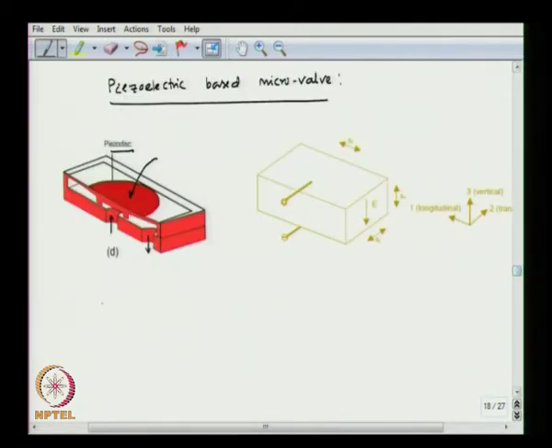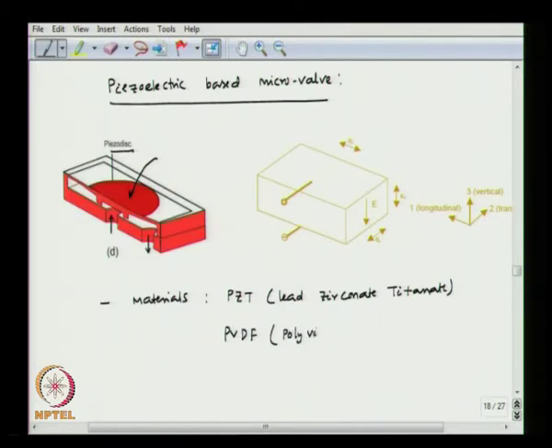So, let us try to understand what piezoelectric material is. Typically, piezoelectric materials are PZT, which is lead zirconate titanate, or they can be PVDF, which stands for polyvinylidene fluoride, or they can be zinc oxide, ZnO. So, these are some of the examples of piezoelectric materials.